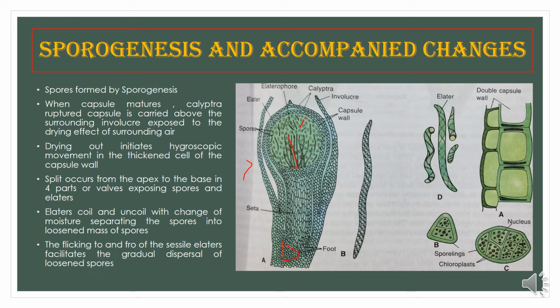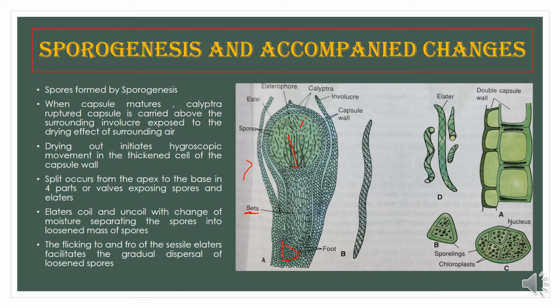That is called precocious germination. As maturation of the capsule occurs, the intermediate region seta elongates, it increases in length, and the involucre that was covering it is ruptured, and at the same time the capsule is brought to a much higher region.